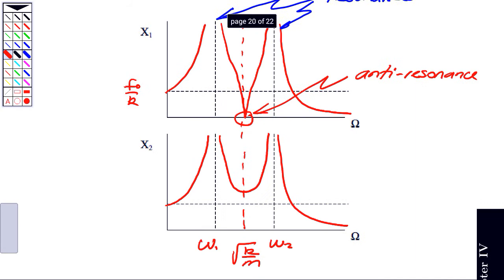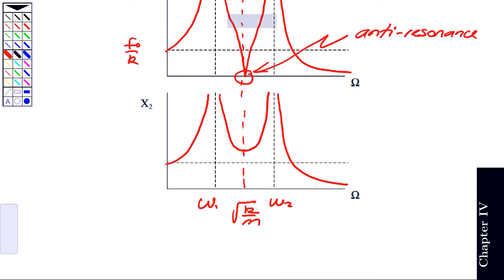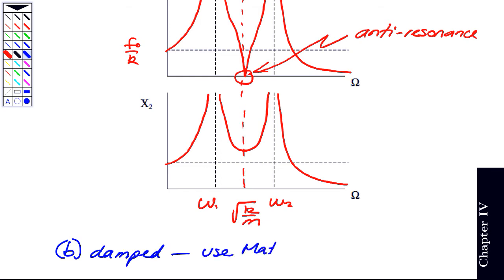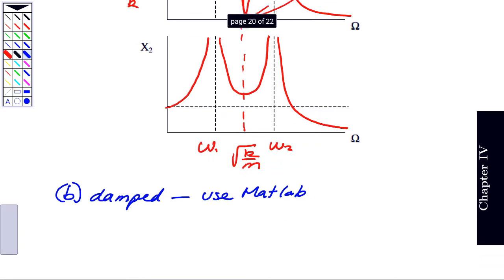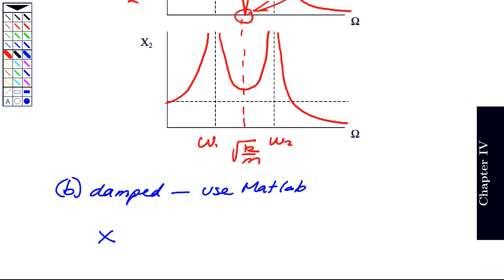If we now look at the damped case, use MATLAB to first invert this matrix. That was times f0.